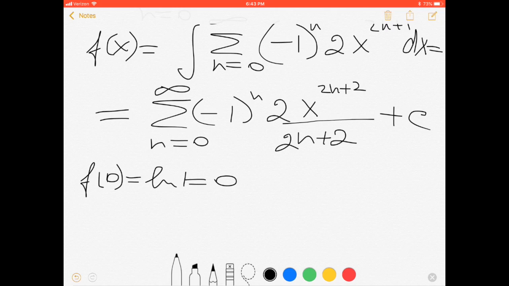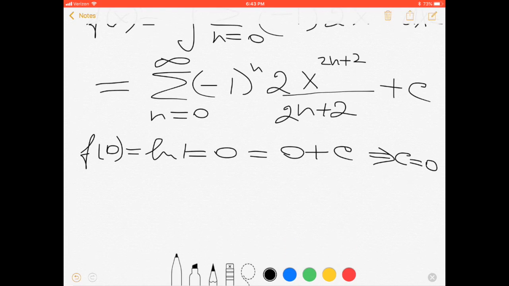If you plug in for your series part, you have 0 plus C. This means C equals 0. Okay, this means we proved this fact.